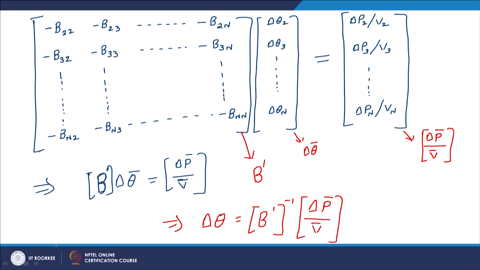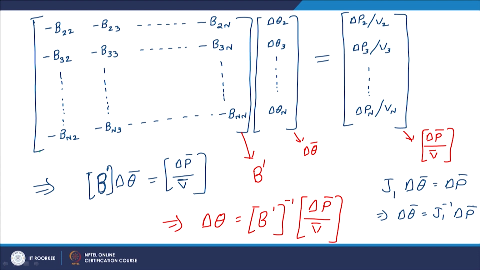Please note, even in the decoupled form of equation, what equation have we got? We have got J1 delta theta is equal to delta P. So at each iteration in the decoupled form we need J1 inverse into delta P. At each iteration this matrix J1 needs to be calculated, so this matrix J1 will not be constant.